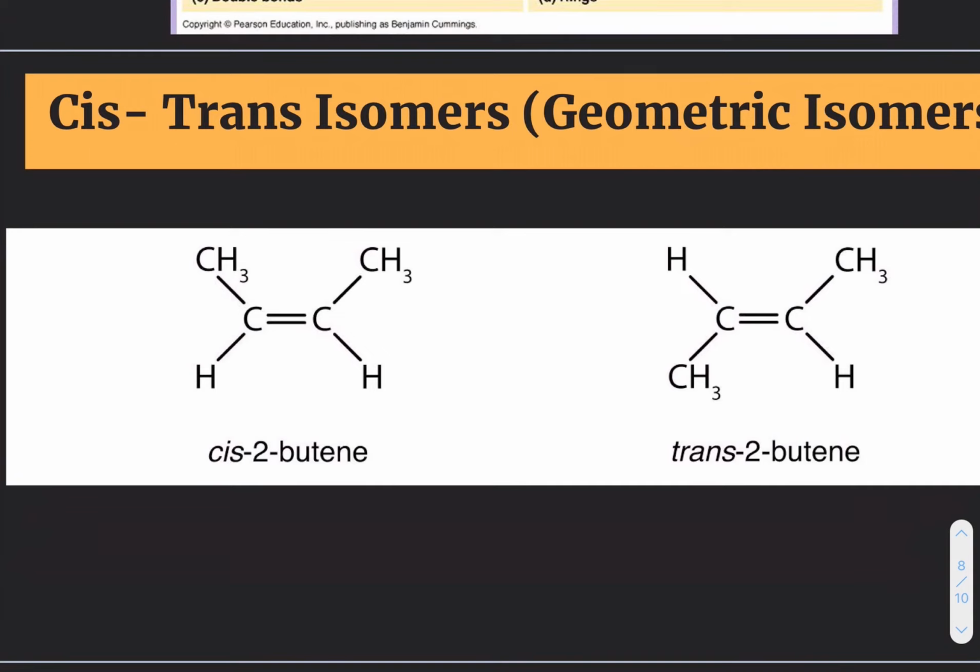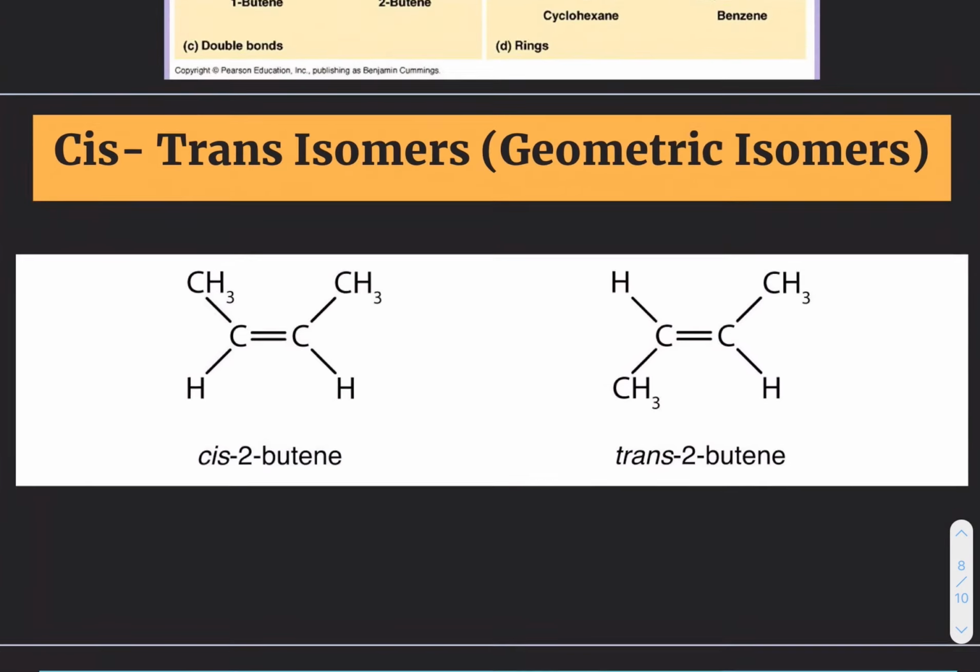Next we're going to talk about cis-trans isomers, which are also called geometric isomers. Atoms differ in their spatial arrangements due to the inflexibility of double bonds. Single bonds allow the atoms they join to rotate freely without changing the compound, but double bonds don't allow this rotation. If they form, each carbon has two different atoms attached to it, and two different cis-trans isomers are possible.